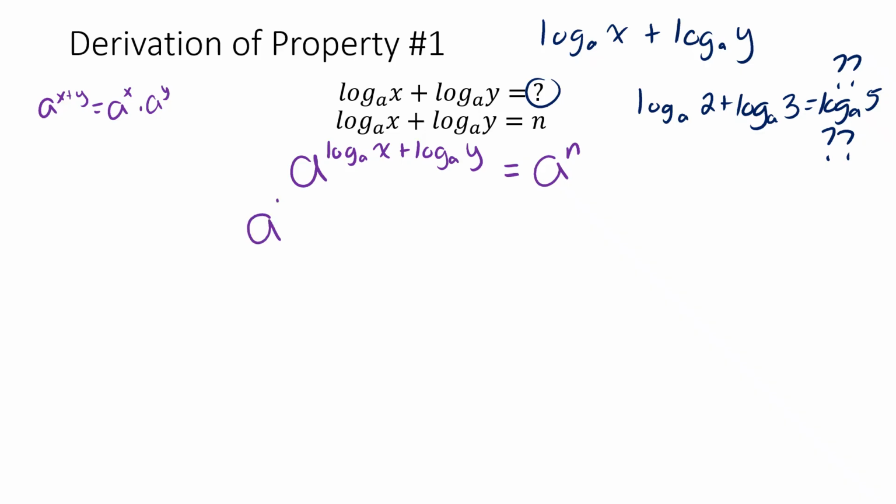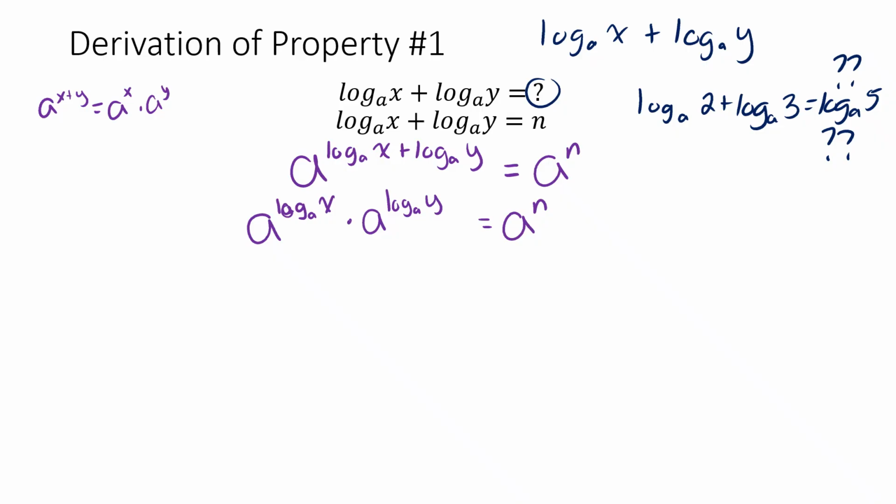But here's what it would look like: a to the log base a of x times a to the log base a of y, and that's equal to a to the n. So again, that was that property, but going in the other direction.